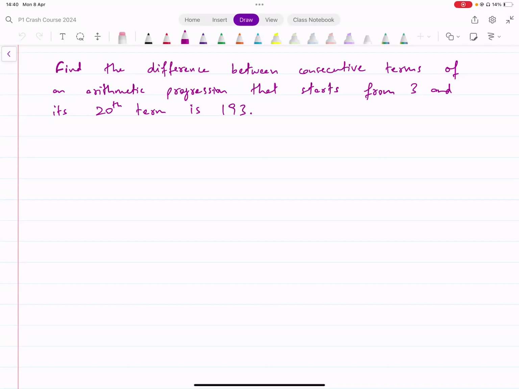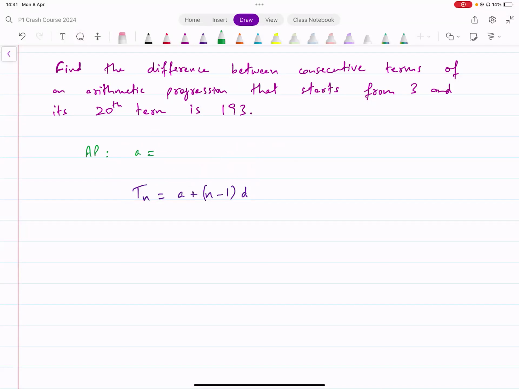You could have the first term missing sometimes. In this case, you've got the difference missing. How do you find the value of that difference? You use the nth term formula. What does that look like? Tn equals a plus (n minus 1) times d. Now, what's the information that's given in the question? They've basically told us that it's an arithmetic progression, so it's an AP.